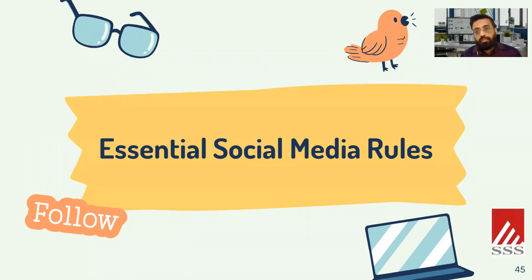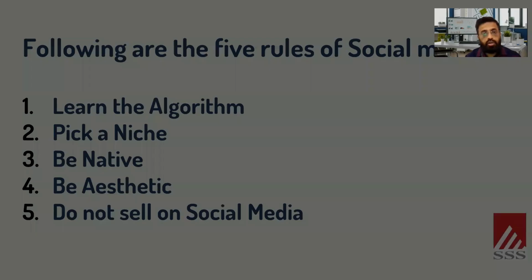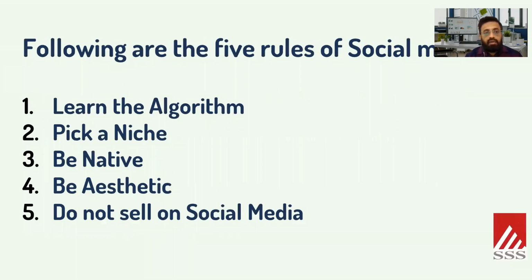Now, the next important thing in digital marketing is to know the social media rules. There are some social media rules which we should always follow. Number one is to learn the algorithm of the social media platform. Then we should pick a niche, the main attraction.